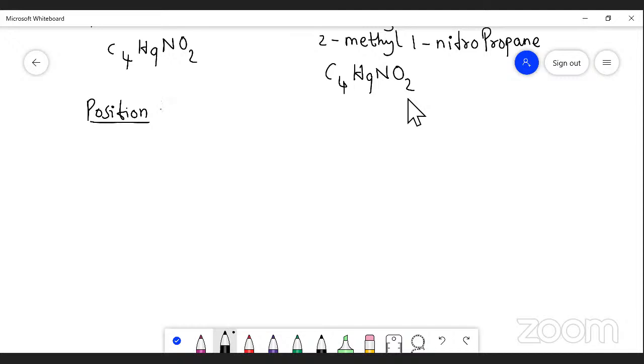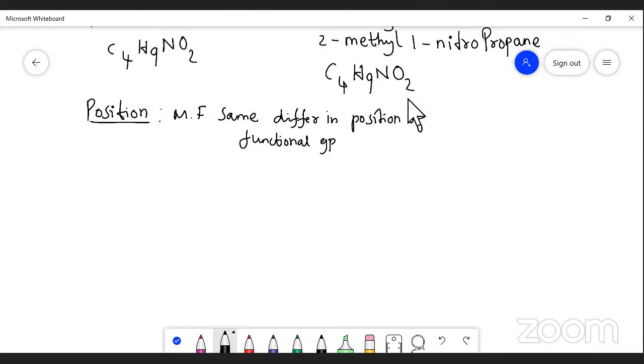Same molecular formula, same functional group, but differ in the position of the functional group.